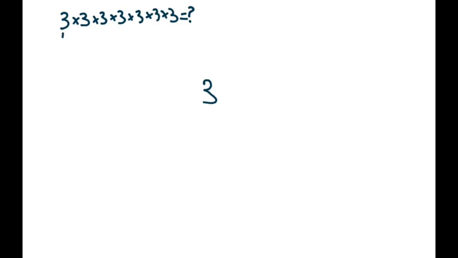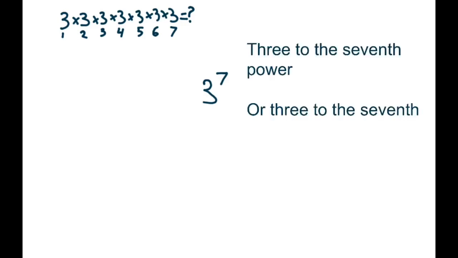It happens 1, 2, 3, 4, 5, 6, 7 times. So what is our exponent going to be? That's right, 7. So this would be called 3 to the 7th power, or 3 to the 7th. This number right here is usually called an exponent, but you could also hear it called the power.